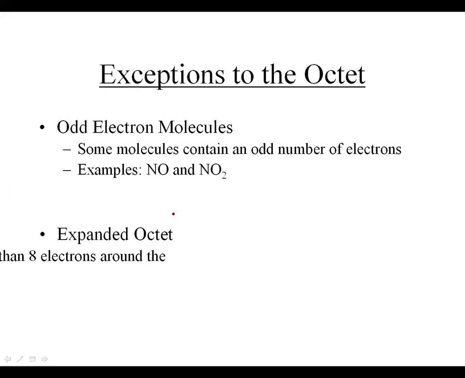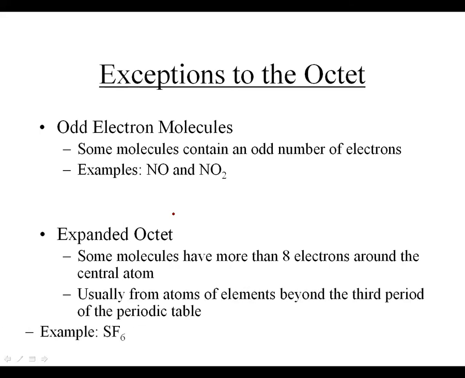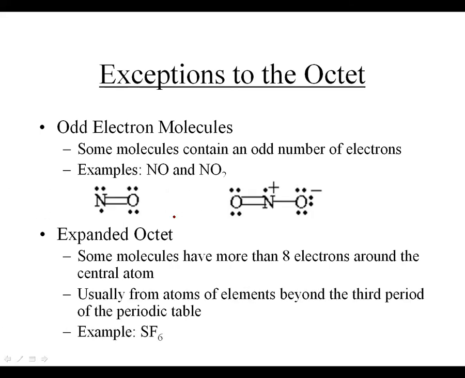So 2 more exceptions to the octet rule are an odd number of electrons. And again, we won't come across this in this class, but an odd number of electrons basically means that you don't have a pair of electrons. You'll end up with 1 unpaired electron like we see here in NO, and we see over here in NO2 as well.